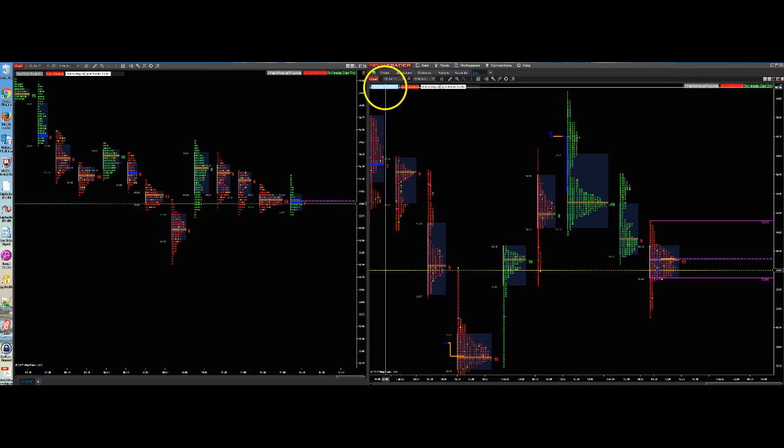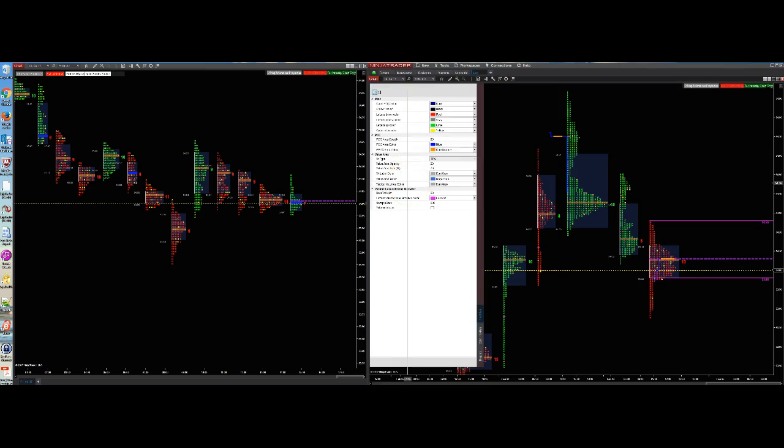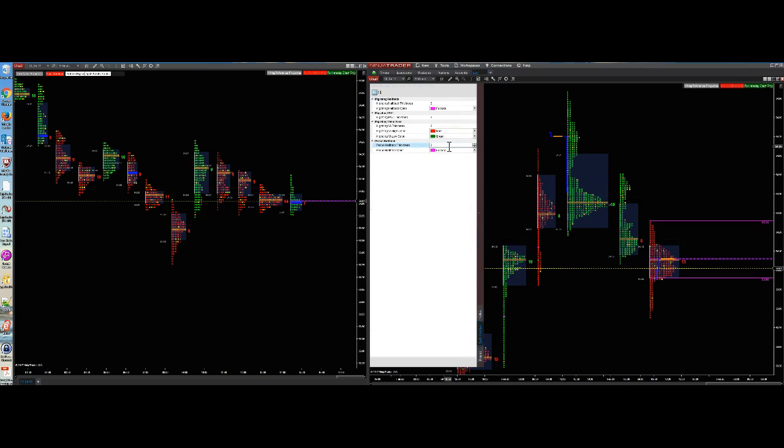And on the right, on the top of the chart here, you have the time value property window. Here you can set a lot of things like the color, the opacity of the value area, the POC, and all that. On the split profile, because I'm going to go through that in a few seconds.